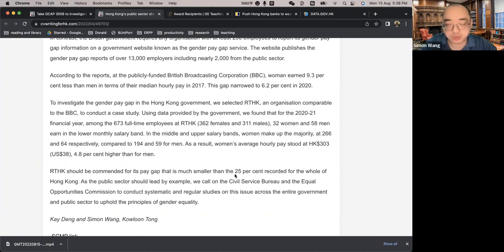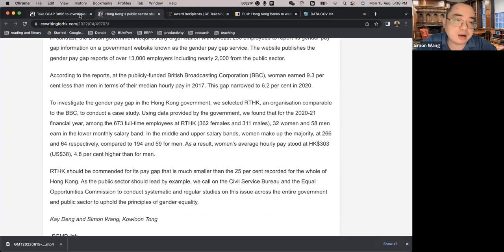So I'm pretty sure that overall, within the whole Hong Kong government and also in most of the departments and bureaus, men are probably still paid more than women. Okay, so I hope this case can illustrate how by doing a project in this course, we will be able to investigate a very practical and interesting social problem, and join the conversation about this issue by writing in a newspaper.